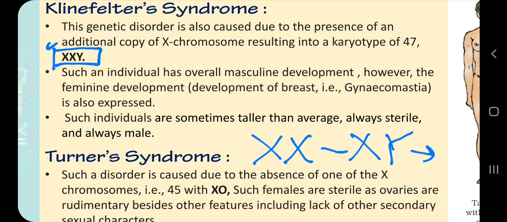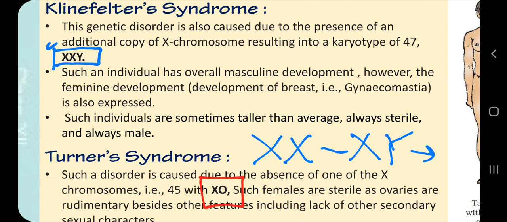So this condition will be designated as XO. O means nothing, as we discussed the XO mechanism in grasshoppers, as we have discussed the ABO blood group mechanism. O means nothing. So if any person is having one X chromosome, it will be female, and if it is having one X chromosome and one Y chromosome, it will be male.